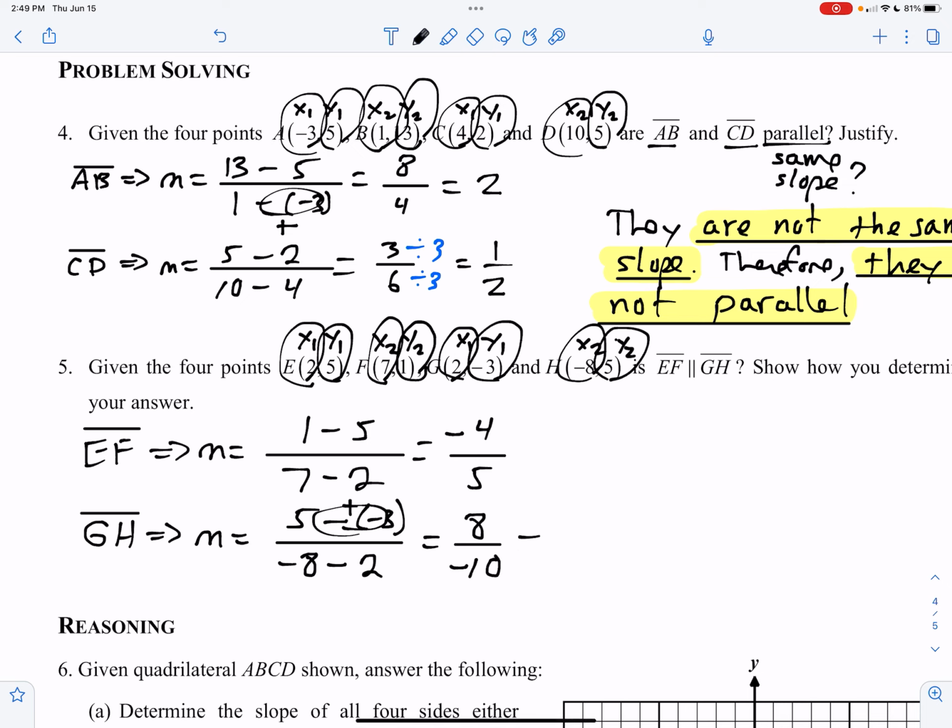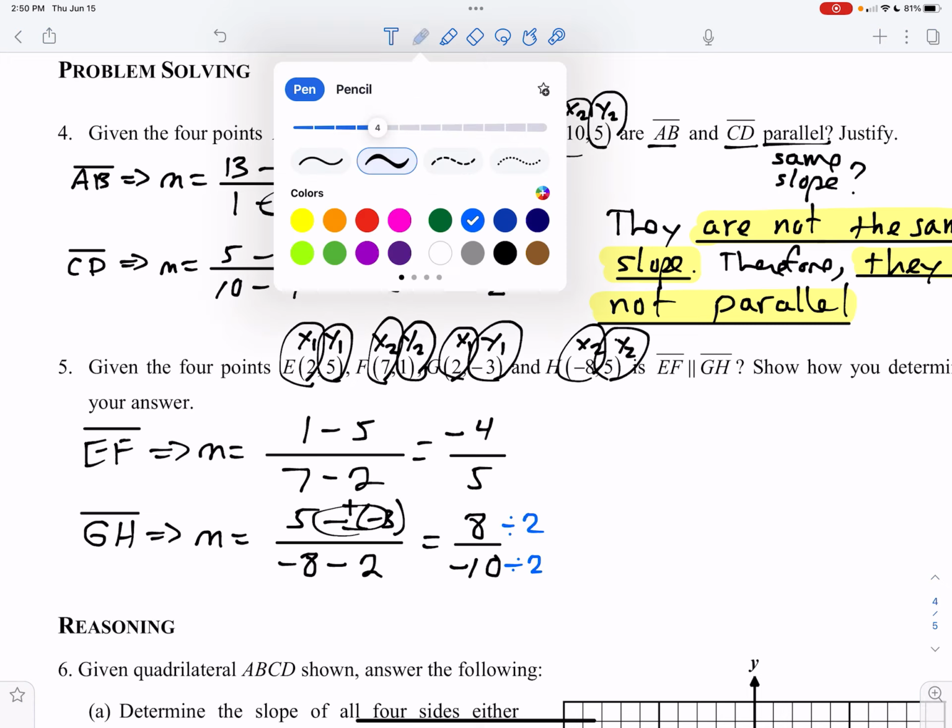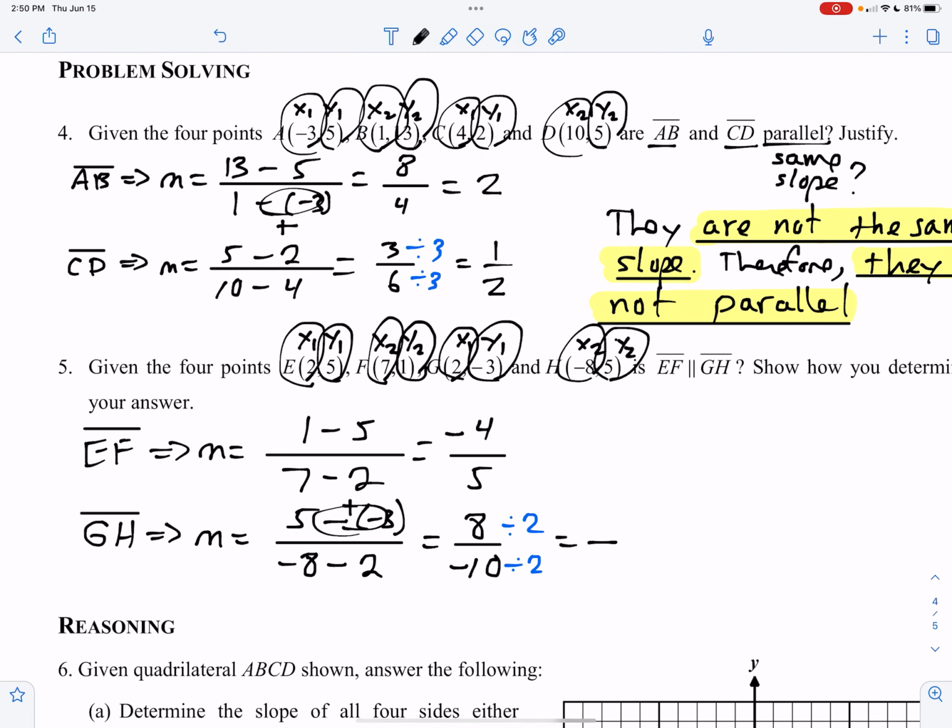So this needs to reduce. The largest number that goes into both would be 2. So if I reduce this, I will get -4/5. And you can see, ladies and gentlemen, the slopes are the same.